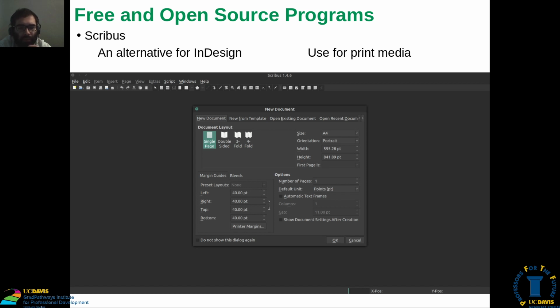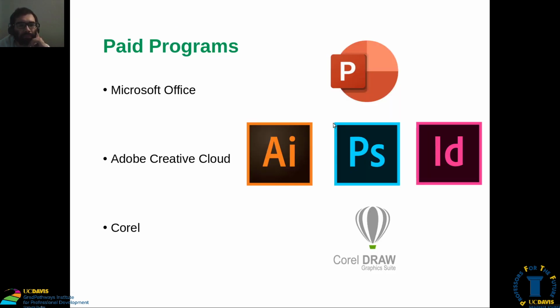This is what I would use to make a poster as well. And this is the create a new document, the new document dialog, so we'll go into that later when we actually use this one and see how it works. But yeah, this is Scribus, a free alternative for InDesign. I'm much more familiar with InDesign, but again, we will go into using this one in the later tutorials.